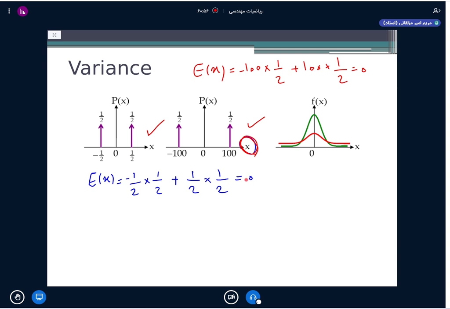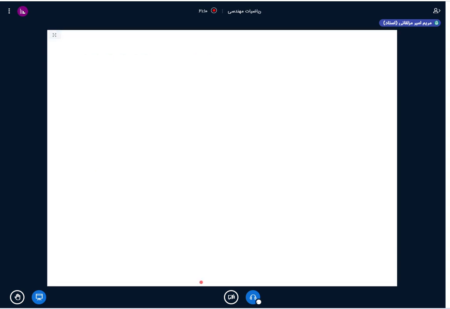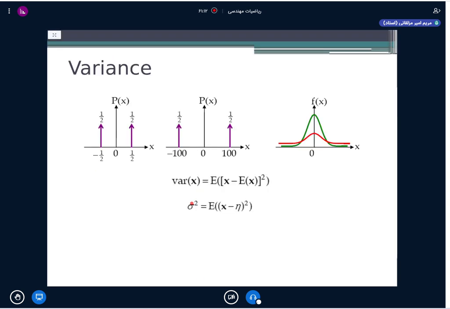So we should define another statistic for a random variable that we call the variance of a random variable. Variance of random variable x is equal to this: the expectation of x minus expectation of x, to the power of 2.